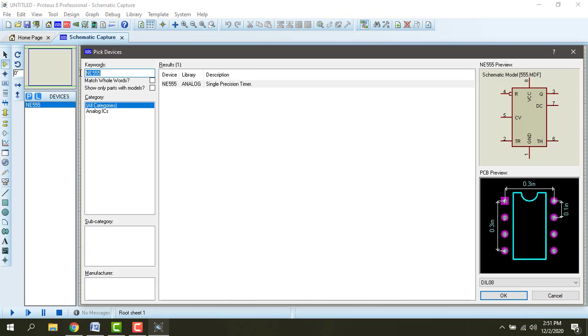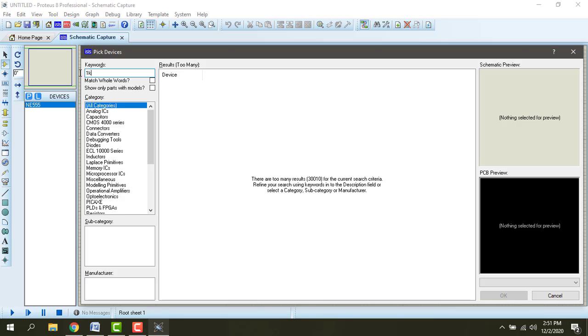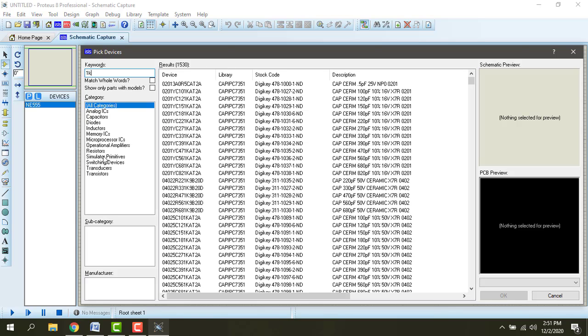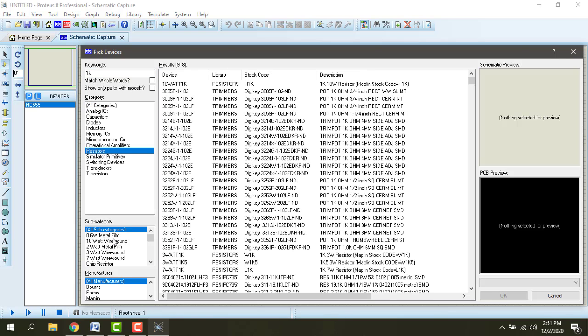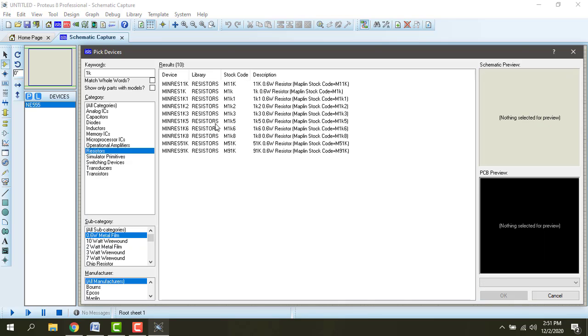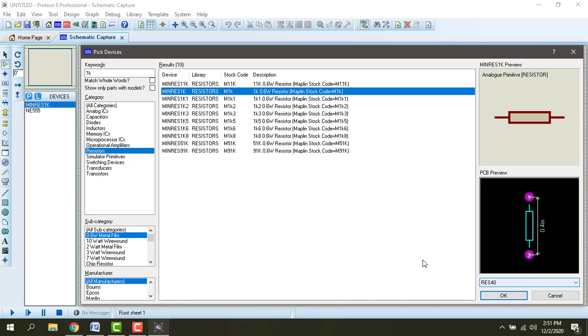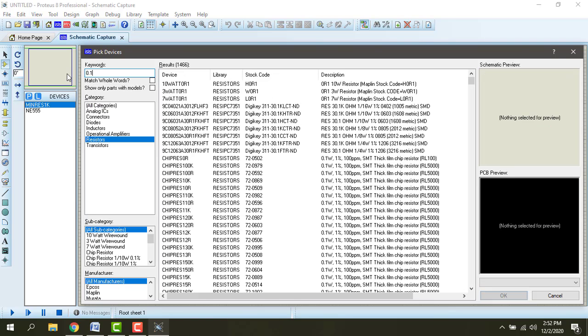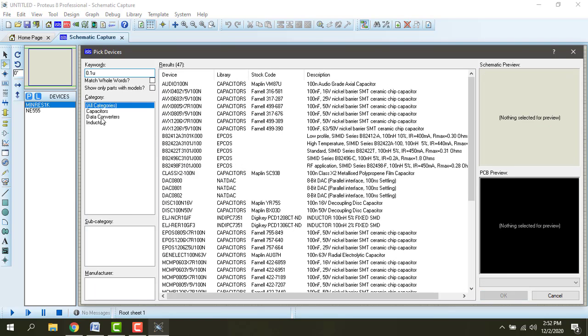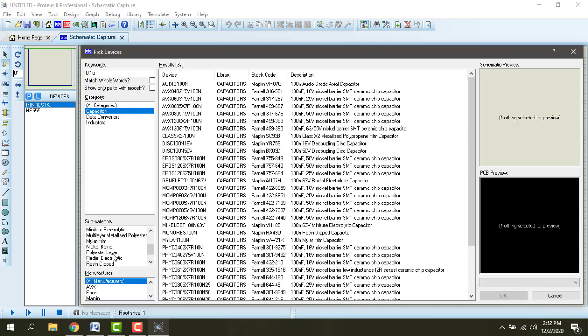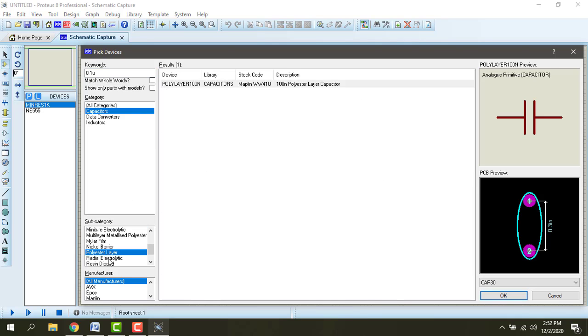So அதுக்கப்புறம் resistance commonly I am choosing 1 kilo ohm. Then we can change the resistance value as per our requirement. 1 kilo ohm. Okay. Then capacitance we assumed as 0.1 microfarad. Capacitance, then polyester layer.